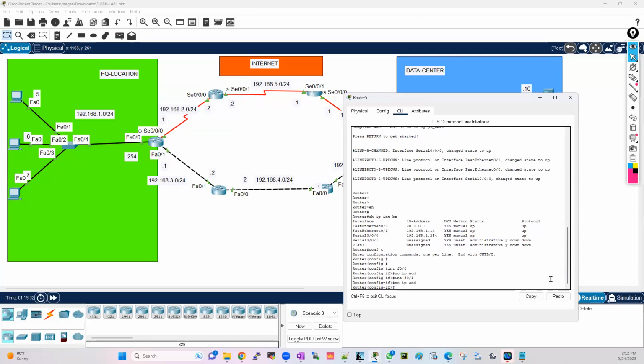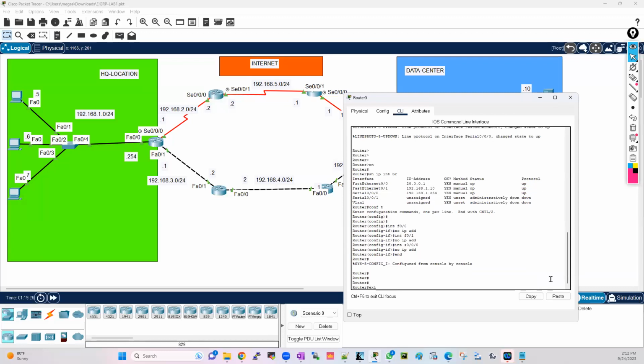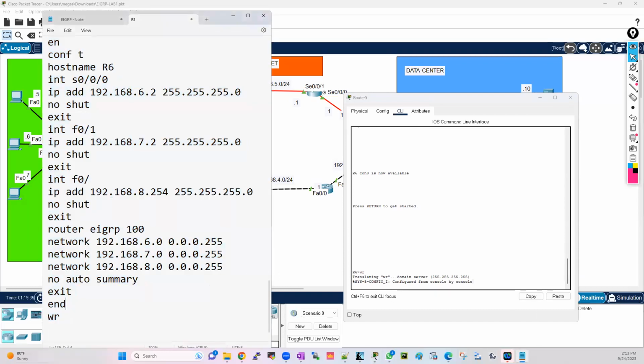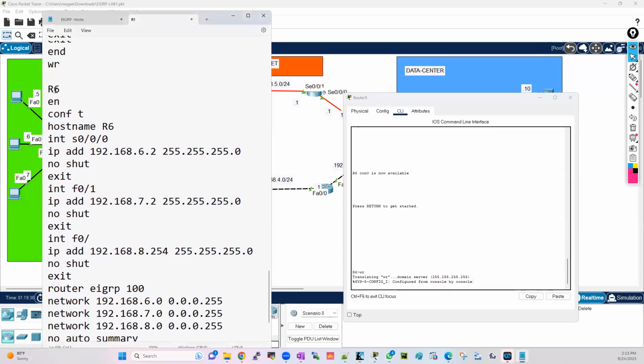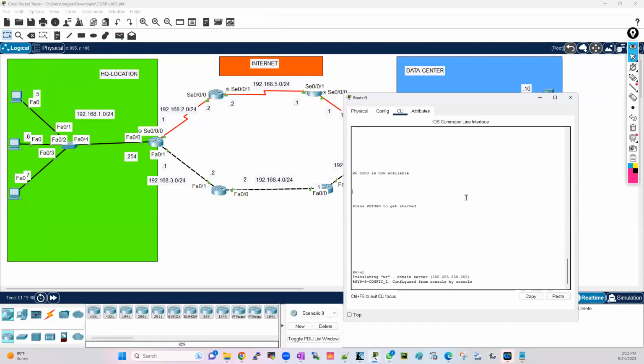No. And then the other interface, we have a serial cable there, which is S0/0/0. No IP address. And exit. So we need to paste it on here. Oh, that means I did not copy everything. Copy. This one will take some time before it will allow us to move on.